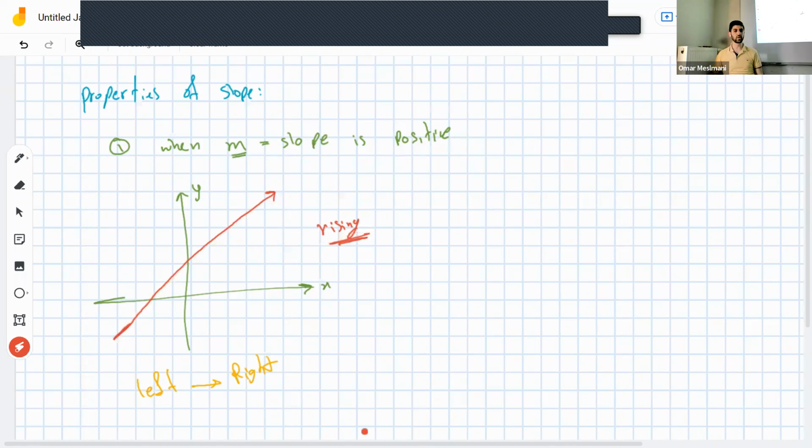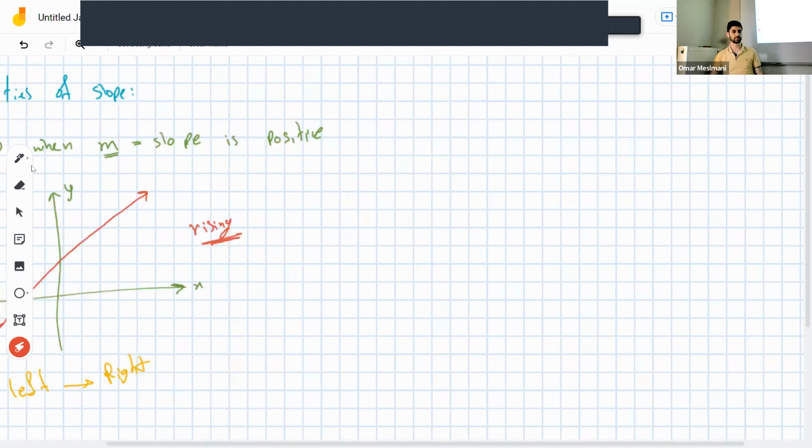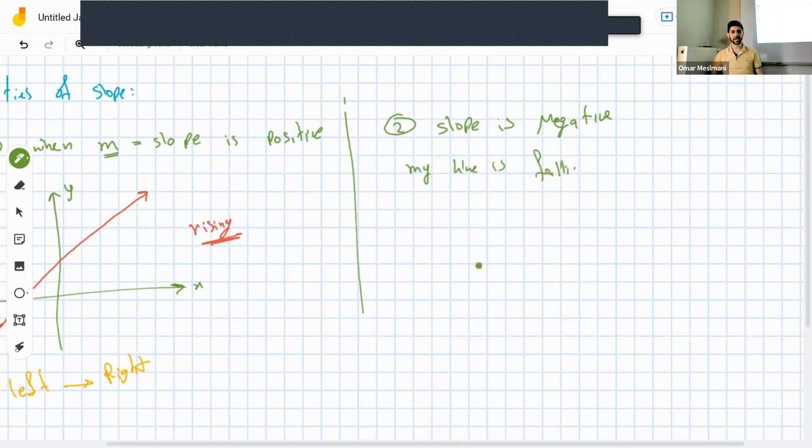So what if the slope is negative? Number 2, if the slope is negative, it means that my line is falling. Again, if you have a line, this is the x-axis and this is the y-axis.